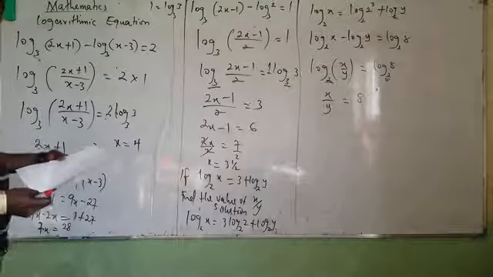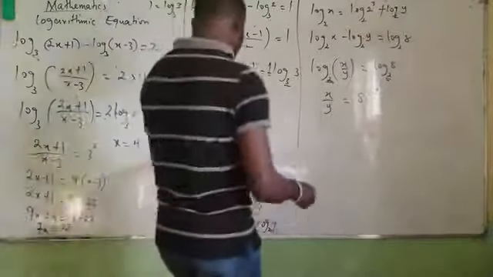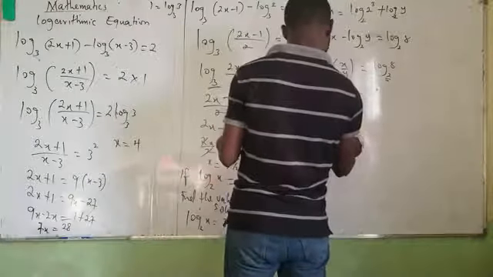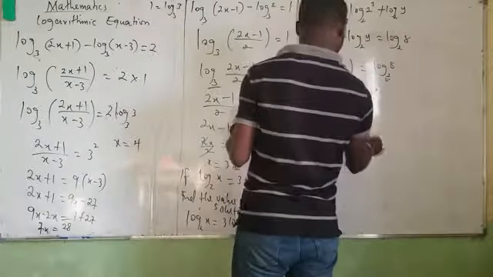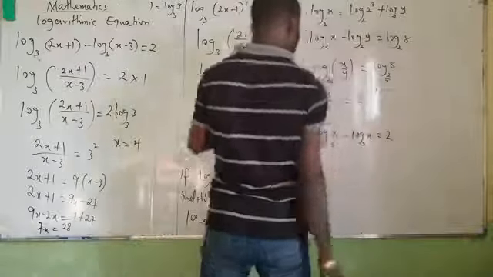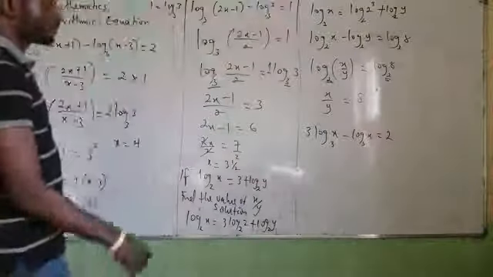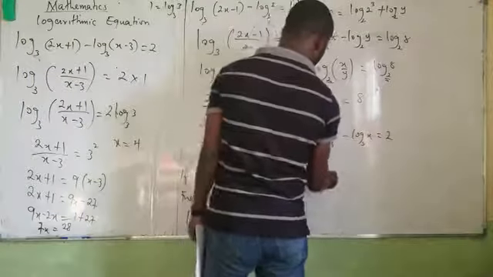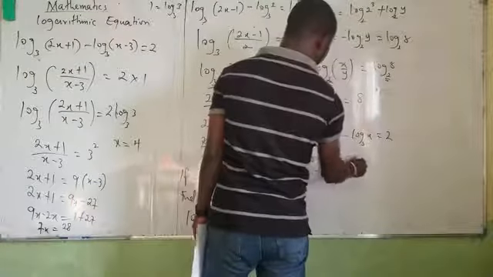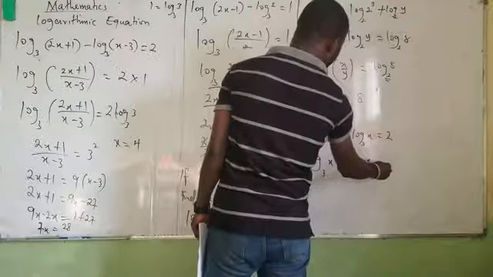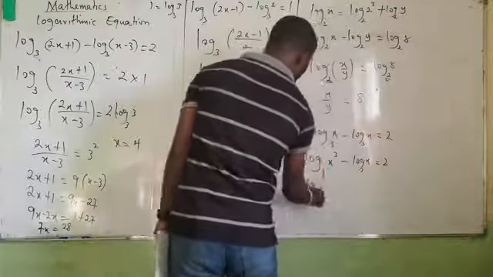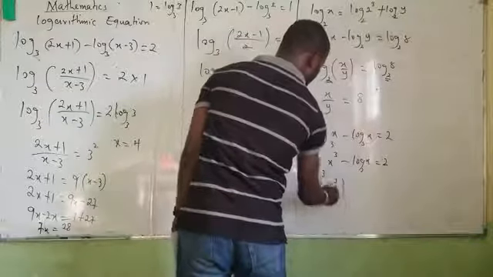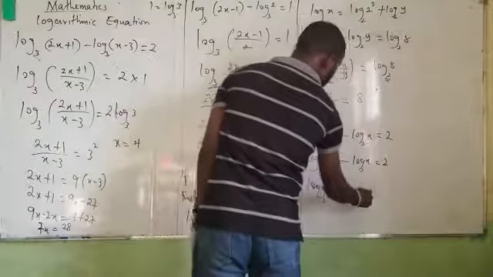I think. Okay, let me see this question also. I have 3 log x base 3 minus log base 3 of x equals to what? 2. This is also a very simple question. What you just need to do, I can write this as log base 3 of x raised to the power 3 minus log base 3 of x equals to 2. Now, log of x squared all over x in base 3 equals to what? 2.